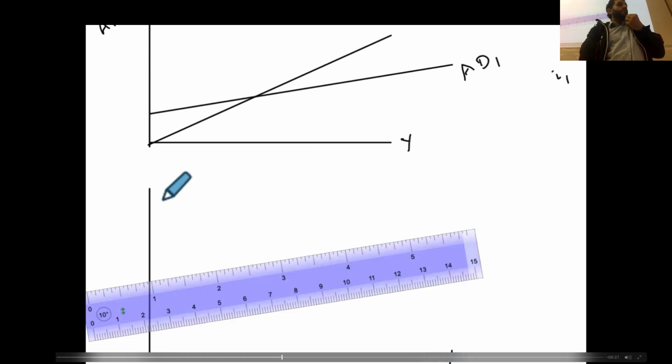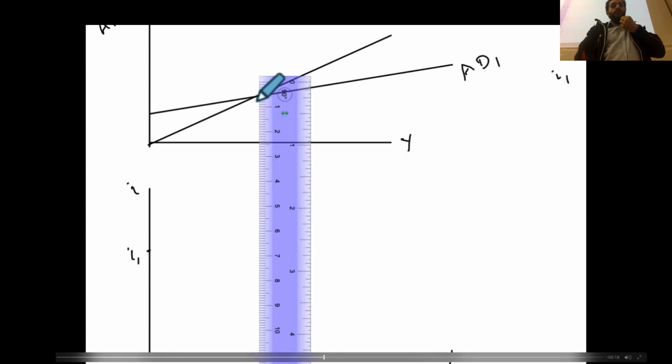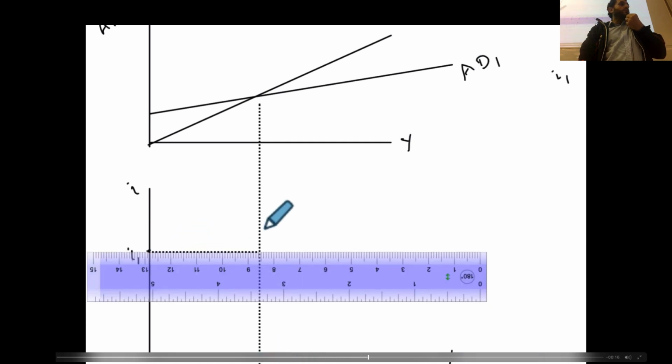And what I wanted to do in the lower section of this graph is put the I and Y space, the interest rate and the output level. All I did here is highlight I1, which is the given level of interest rate at the first equilibrium point in the goods market, and I'm identifying this point in the IY space. So this is the first point.